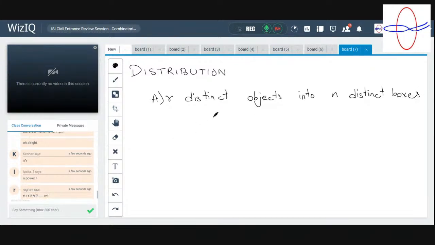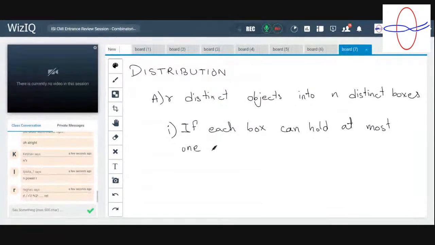Okay, then you have limitations on how many objects can one box hold. So in that case, let's go with subcase 1. If each box can hold at most one object, then the number of ways to distribute is nPr.